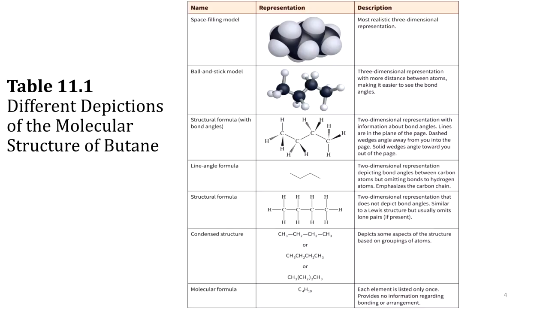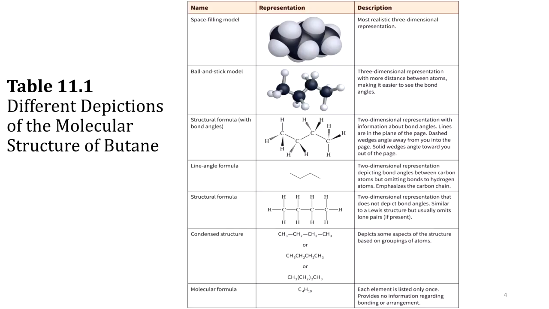Now another representation, which is a little more sophisticated and is commonly drawn, and it turns out to be very useful, is attempting to use kind of perspective drawing. If you've ever done drafting and done perspective drawing, let's take the leftmost carbon here. We have one line going up to hydrogen, one line going down to the lower right to a carbon, and then the other 2 hydrogens are not in the same plane.